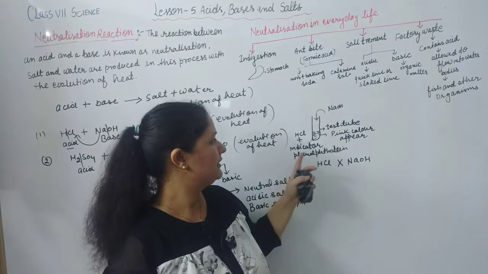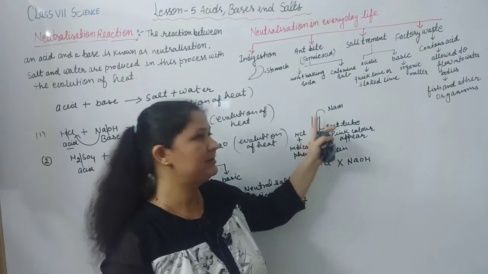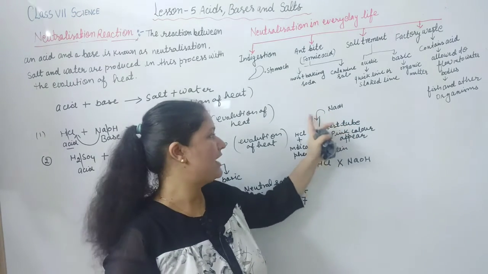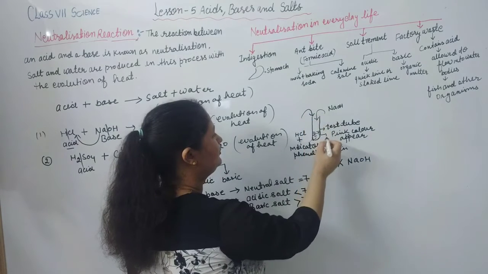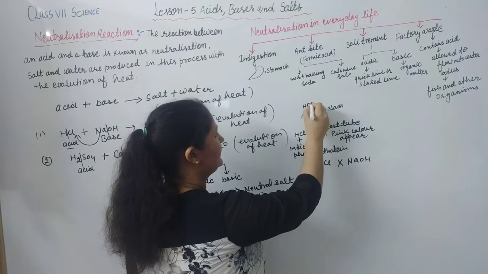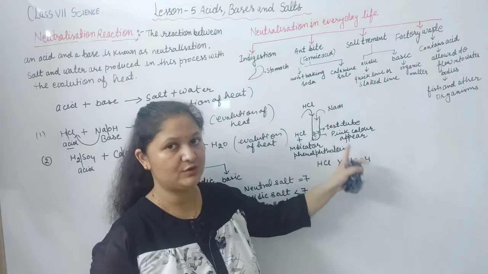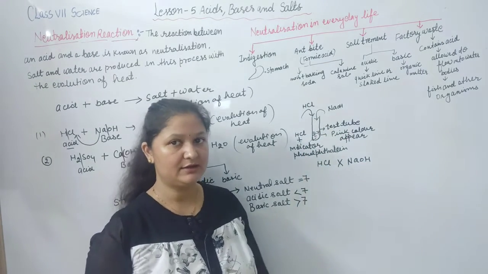So it means that the hydrochloric acid is completely neutralized by sodium hydroxide, and now the solution is basic in nature. Add 1 drop of hydrochloric acid, then this pink color again disappears. So students, this is all about neutralization reaction, right?